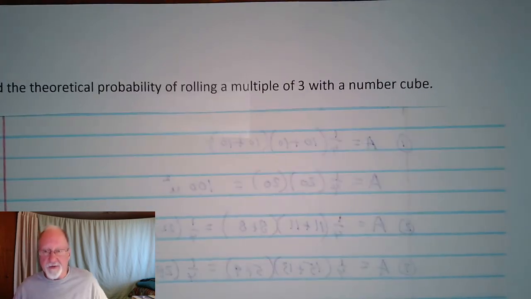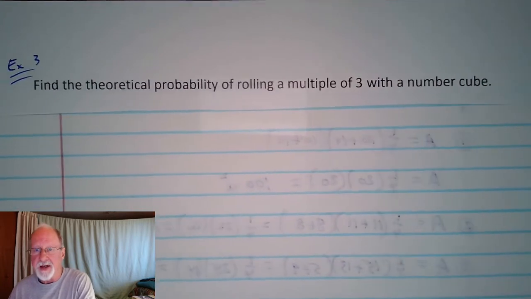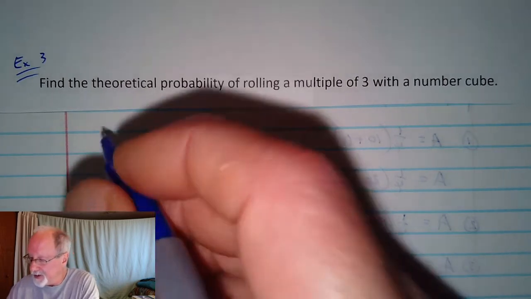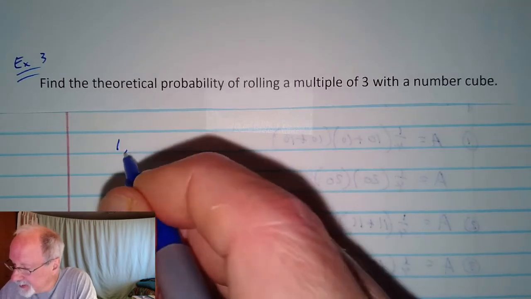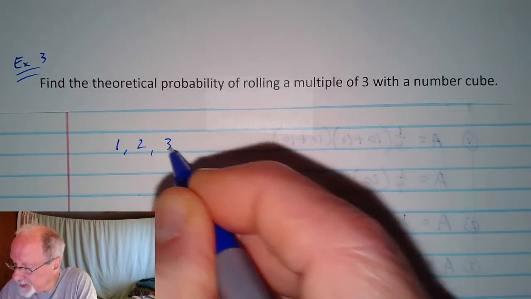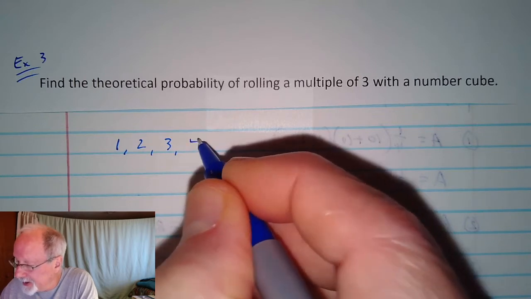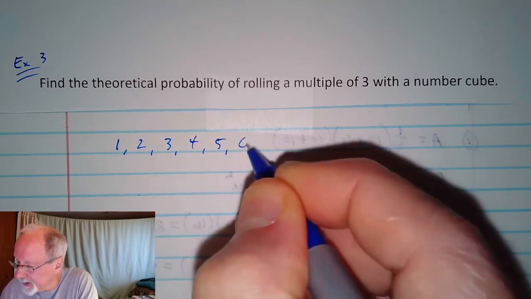So I'm skipping over to example 3 type of problems. So now this is finding the theoretical probability of rolling a multiple of 3 with a number cube. Now with number cubes, we are assuming that they're just normal, fair dice. So a number cube, die for singular, is going to have 6 faces.